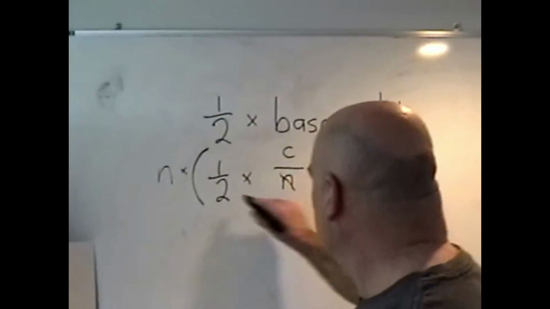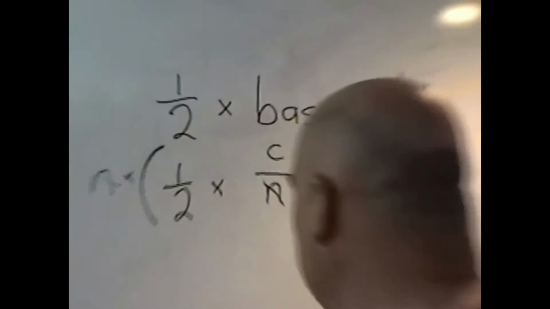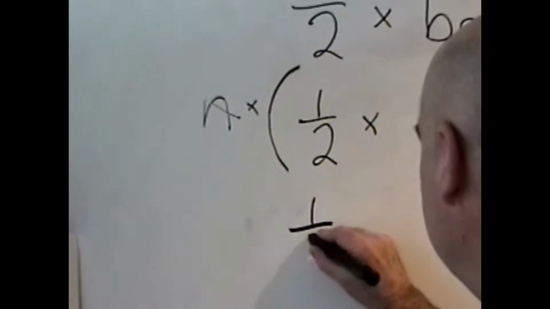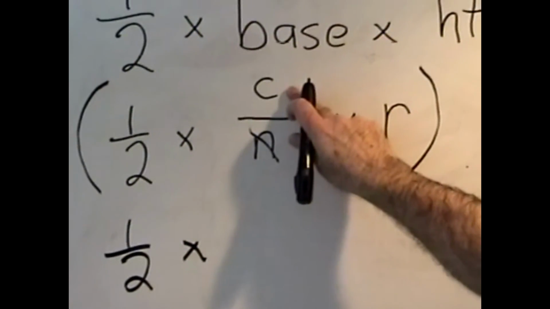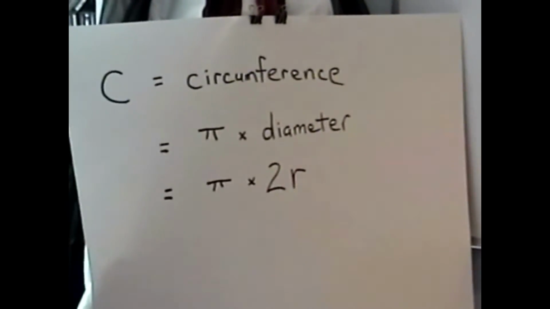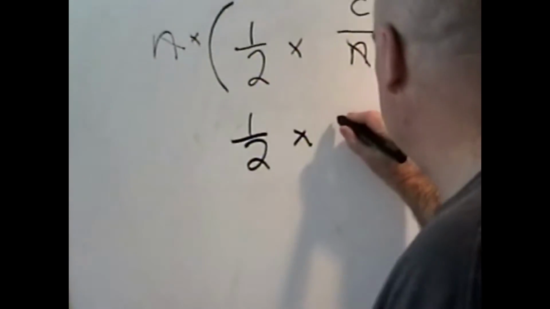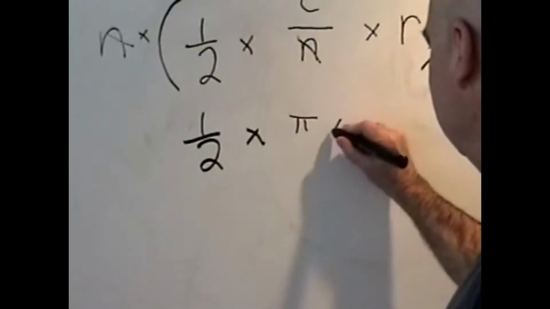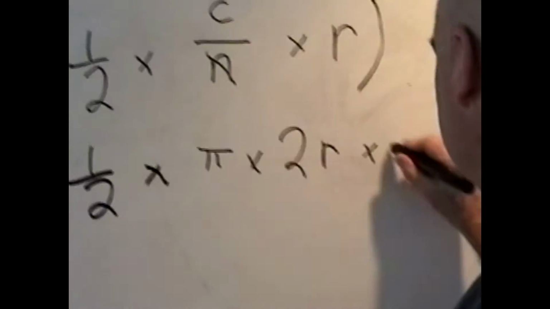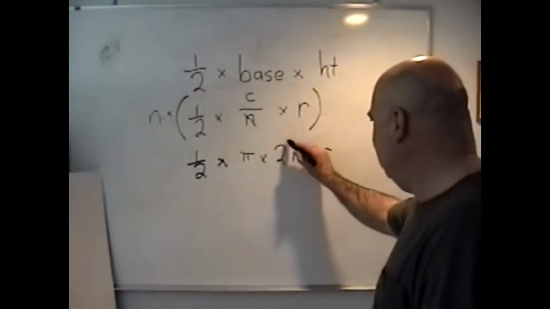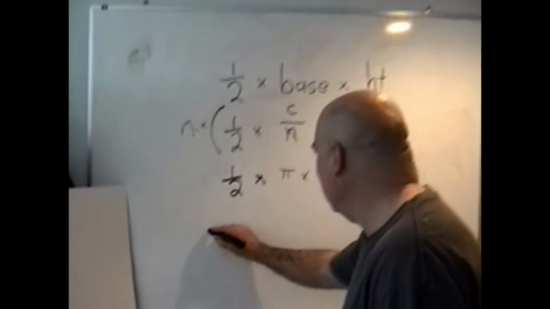These n's will cancel, so we're going to have 1/2 times the circumference. But remember, the circumference is pi times 2r, so we've got pi times 2r times r. And now this 2 and this 1/2 will cancel.